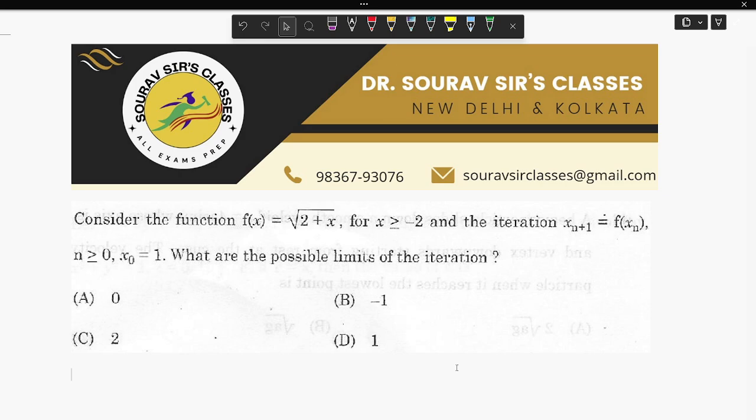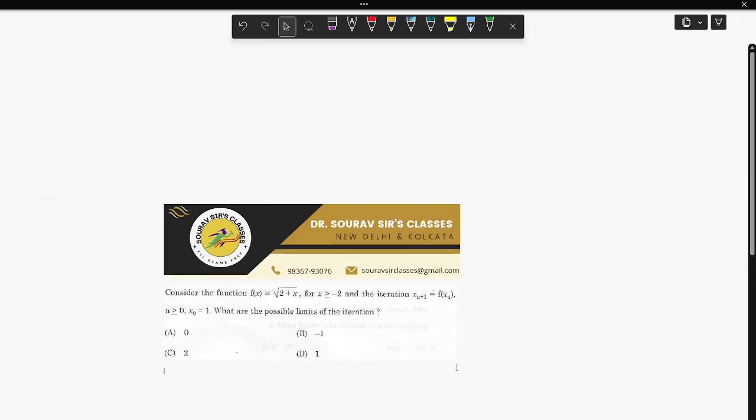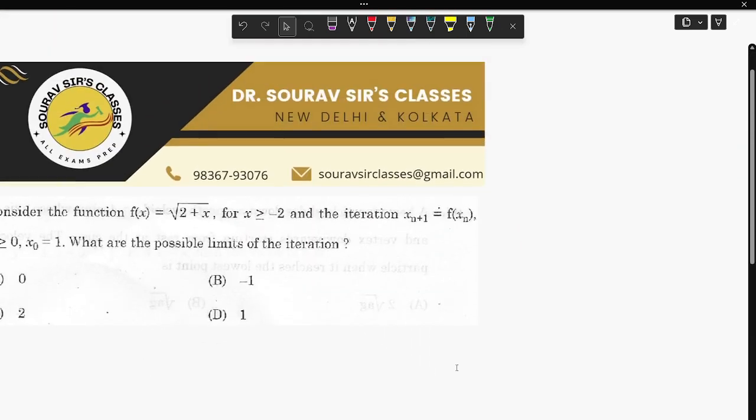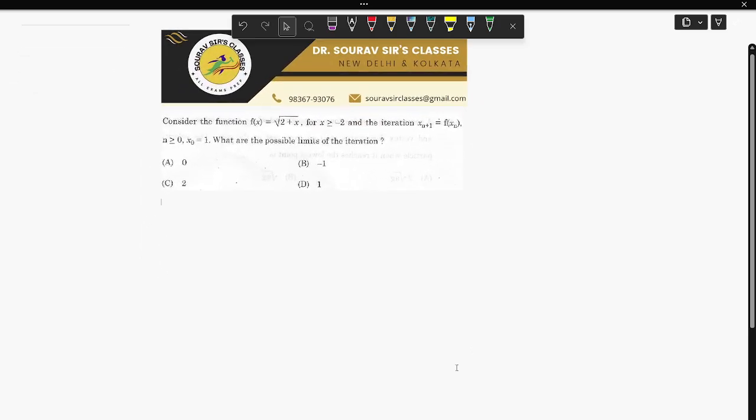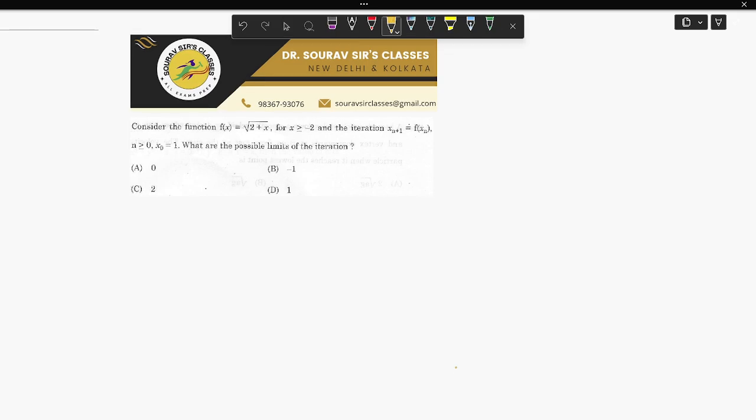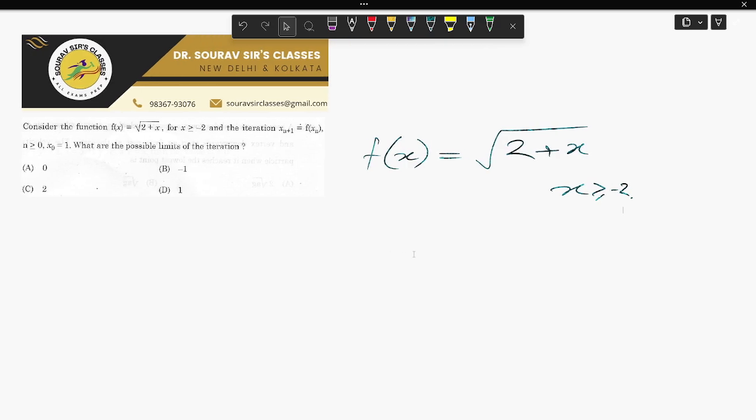Okay, so now we are given the function. The function is f(x) equals square root of 2 plus x, for x greater than or equal to minus 2.